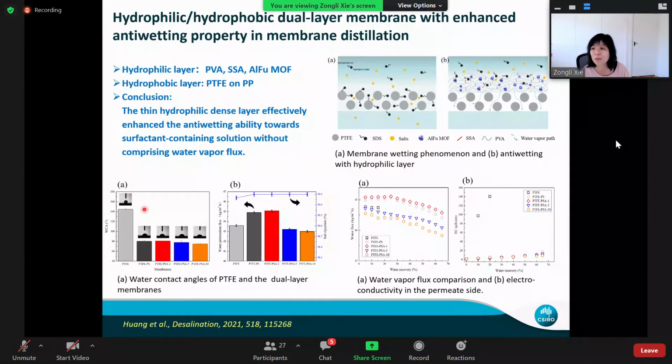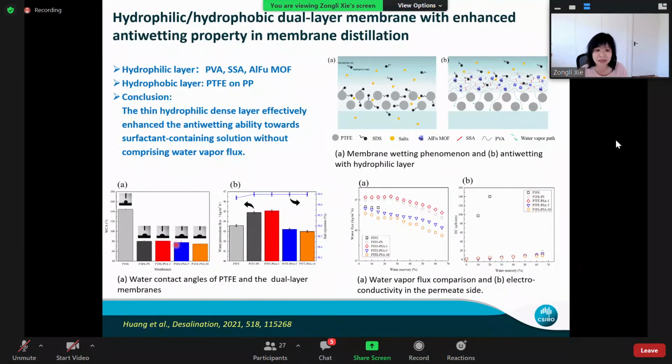We did a lot of work making the hydrophilic thin film layer. We went back to the PVA because we learned a lot from the PVA membrane. So we are making this PVA-based hydrophilic layer, and we have successfully made this thin film hydrophilic layer on top of this hydrophobic PTFE membrane.